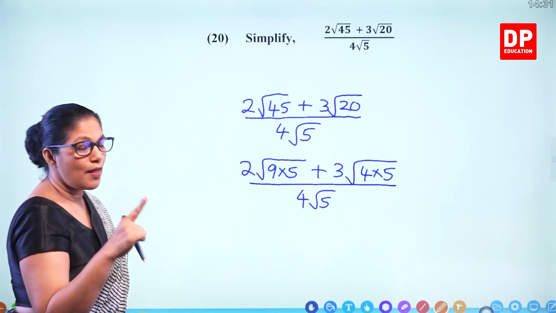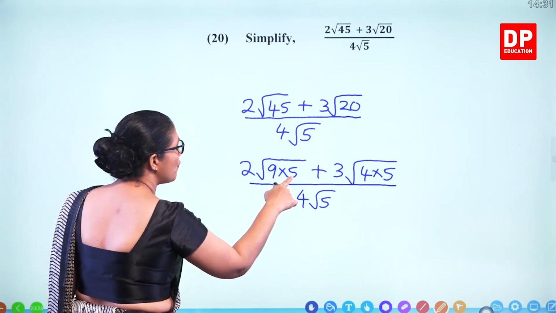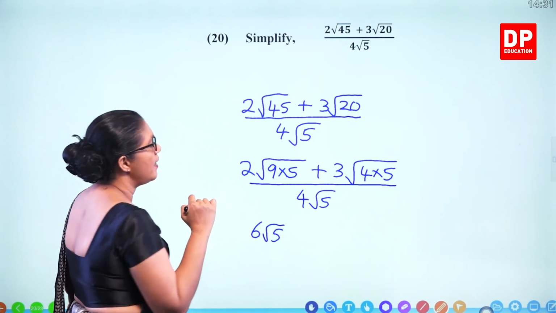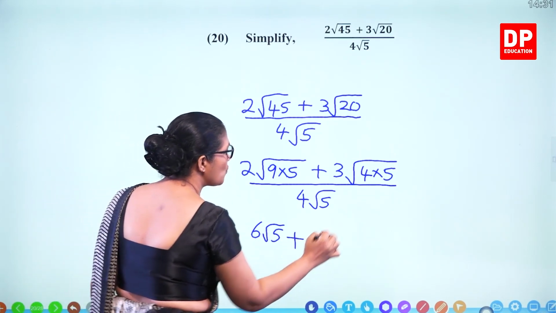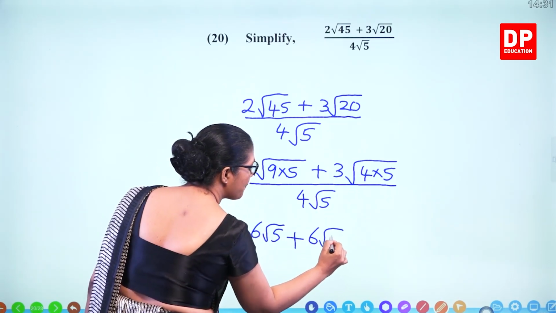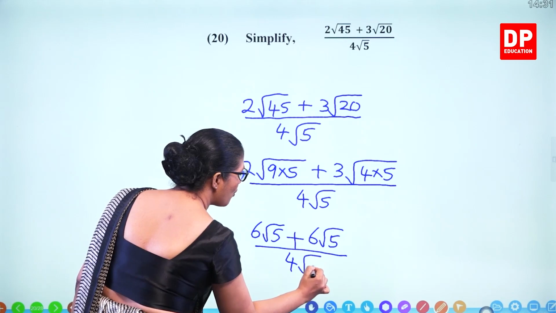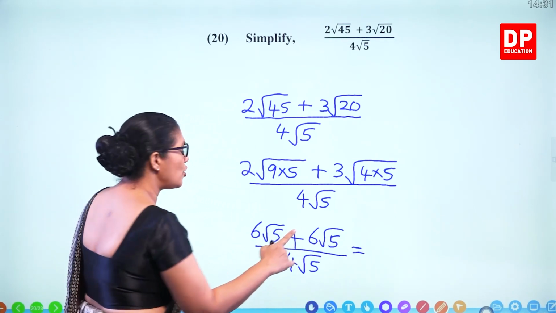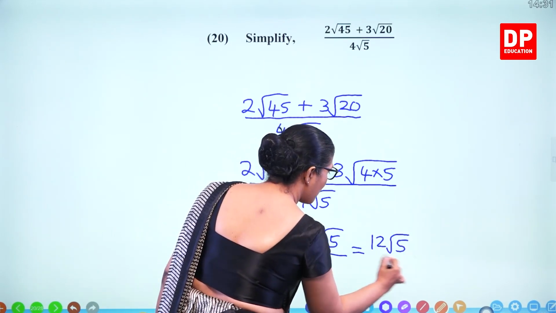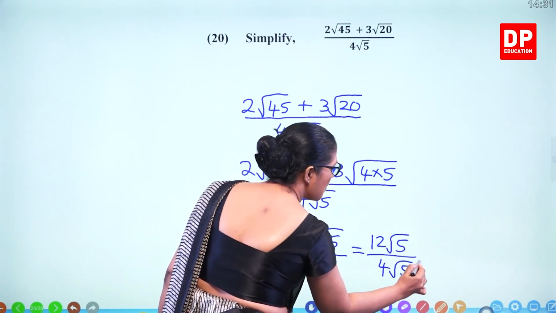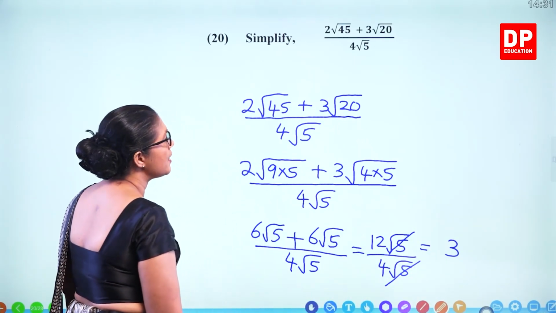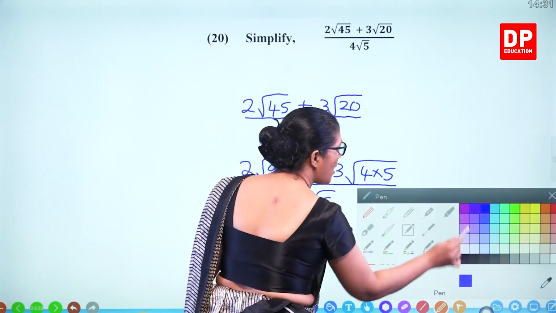Square root 9 is 3, so you get 3 root 5. 3 times 2, 6 root 5. Root 4 is 2, 2 times 3, 6. So 6 root 5 plus 6 root 5 over 4 root 5. Same surd, you can add 6 and 6, 12. 12 root 5 and 4 root 5, the same surd gets cancelled out. 12 divided by 4, answer is 3. So you get 2 marks for that.